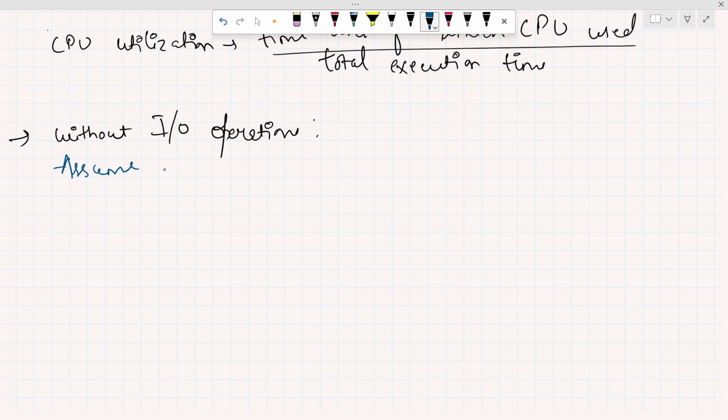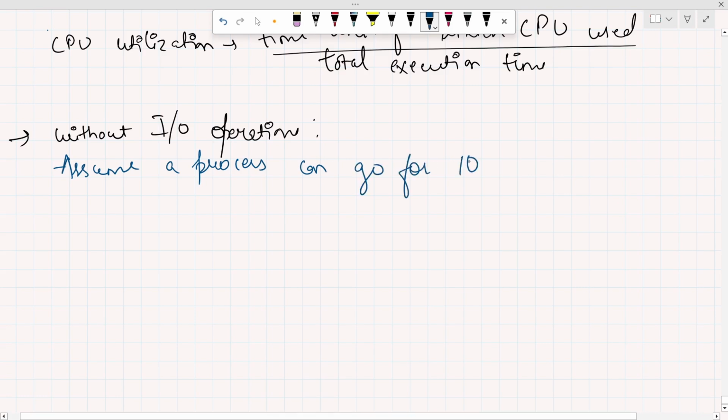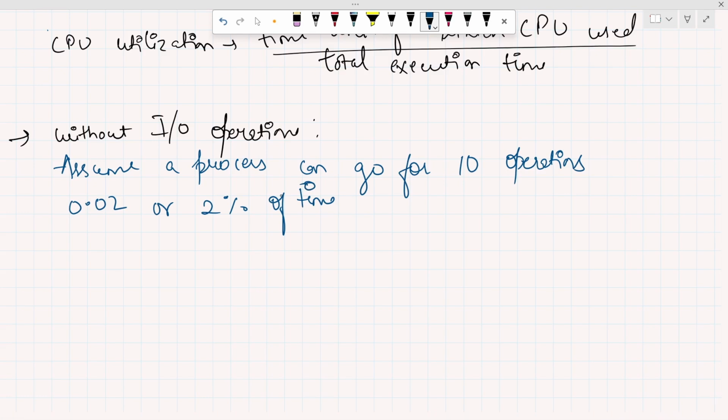So we have to assume that a process can go for IO operations, taking 0.02 unit of time, or you can say 2% of the time. The process basically goes for an IO operation.